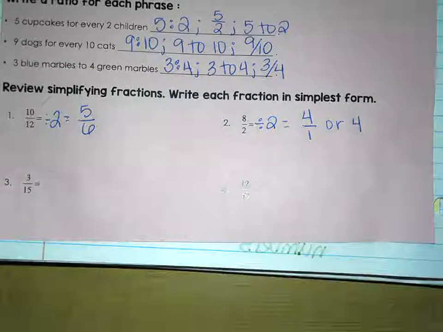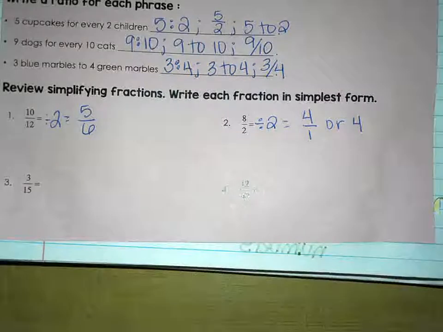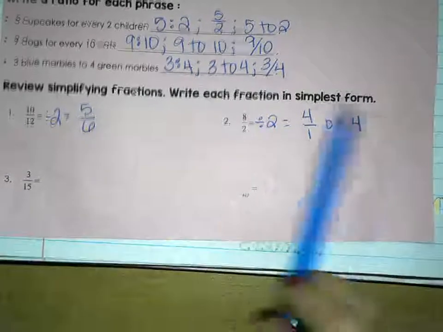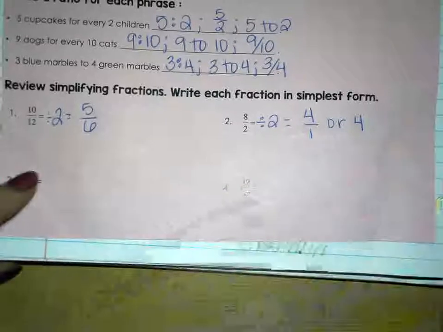Those two things, 4 over 1 or 4, mean the exact same thing. That's one of our invisible math rules. You guys know I have that invisible math poster on the back of my wall, the orange one up at the very top. There is a denominator of 1 for every number. There's always a 1 underneath every single whole number, every single time. So that's that invisible math rule.